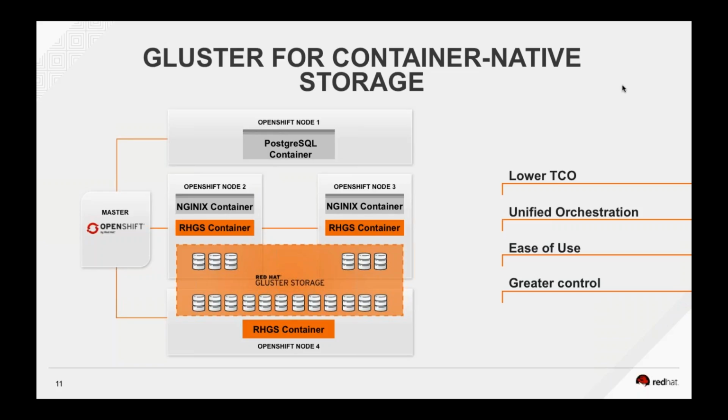And then giving the VM instance to the developer to start running and testing their applications. So it's a huge ease of use. The developers don't have to go and ask a storage admin, please give me some storage. They have something which they can directly provision and start using, and it also gives them greater control. So this is Gluster for container native storage.